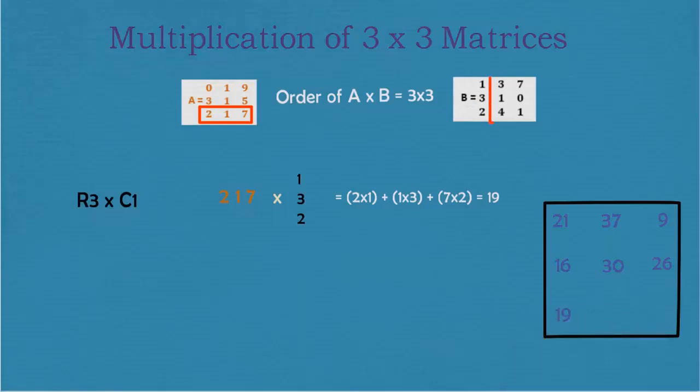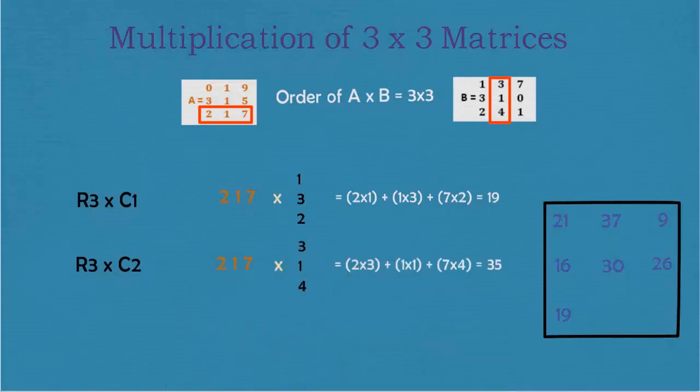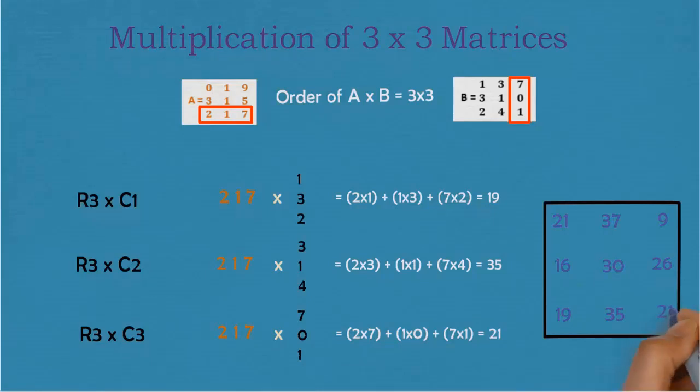Now multiplying the third row by the second column, that is 2, 1, 7 multiplied by 3, 1, 4, is equal to 2 times 3 plus 1 times 1 plus 7 times 4, which is equal to 35, and its position will be 3, 2, third row and second column. So we put 35 at its position. Finally multiplying the third row by the third column, that is 2, 1, 7 multiplied by 7, 0, 1, is equal to 2 times 7 plus 1 times 0 plus 7 times 1, which is equal to 21, and we put it at the final position, 3, 3.